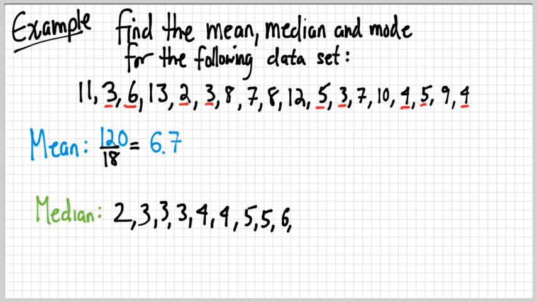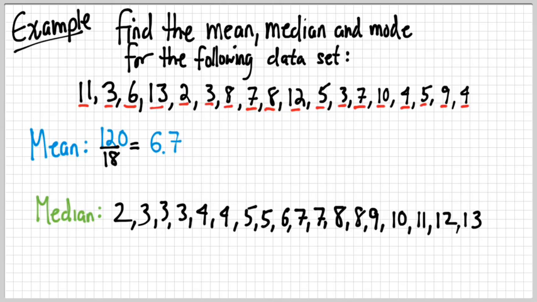I've got 2 7s. Okay, 7 and 7. Okay, I've got 2 8s. 8 and 8. I've got 1 9, 1 10, 1 11, 1 12, and a 13. And that is everything. Okay? That's all my numbers in order.